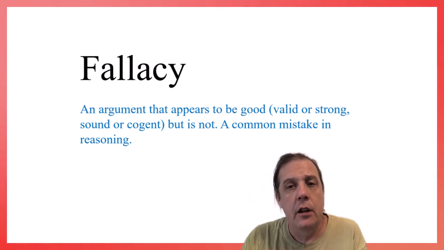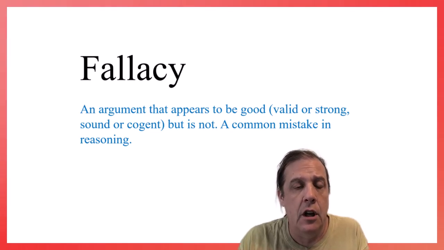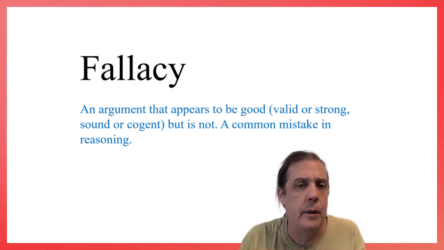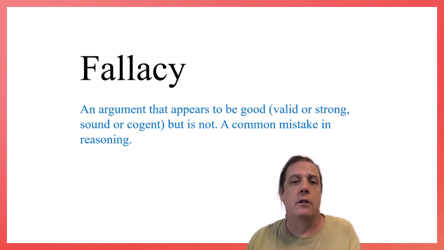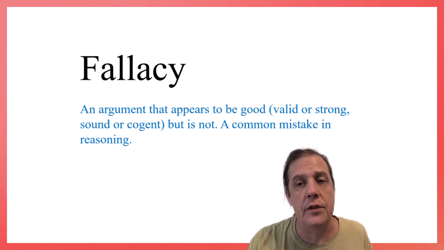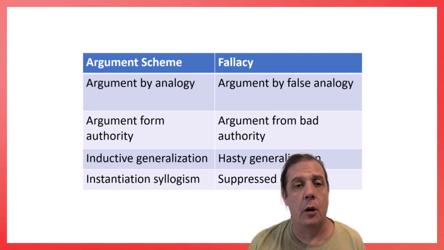So, like I said, for each style of argument, there is a fallacy. A fallacy is an argument that appears to be good, that appears to be valid or strong or sound or cogent, but it is not. A fallacy could also just be called a common mistake in reasoning. Okay, so here are the basic fallacies.